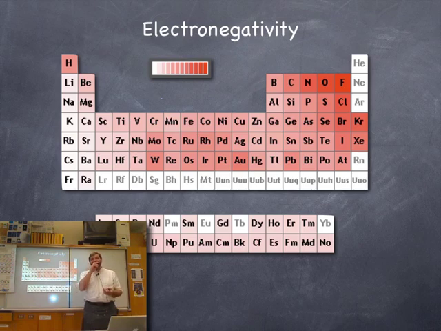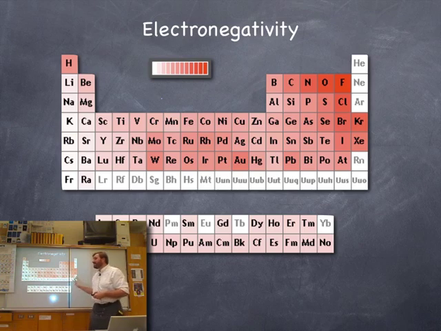But what if one atom attracts and the other attracts but not as strongly? Okay? In that case, they are going to share the electrons, and we'll form what we call a covalent bond.